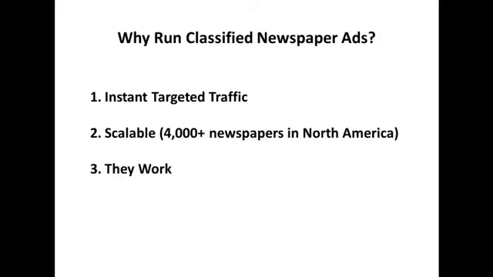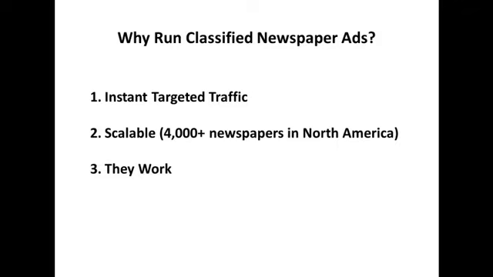And the third reason: because it works. It absolutely 100% works. The owner of this system and many of the top affiliates use either exclusively classified newspaper ads to make their commissions with the work from home affiliate link, or they do a portion of their marketing mix using classified newspaper ads.